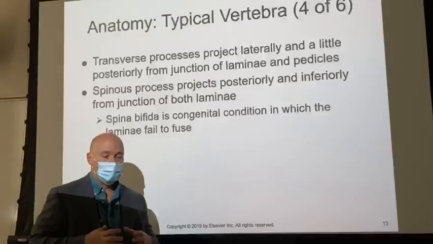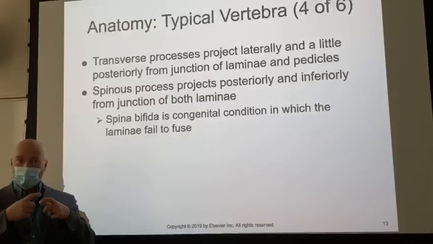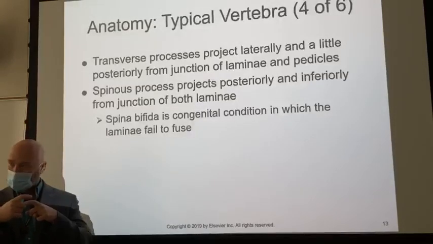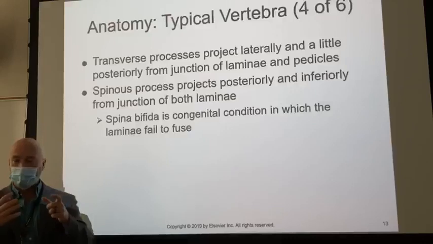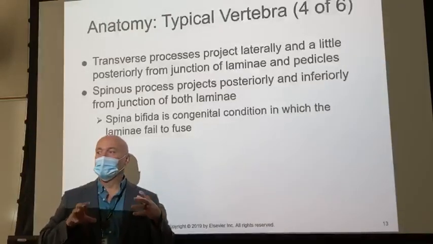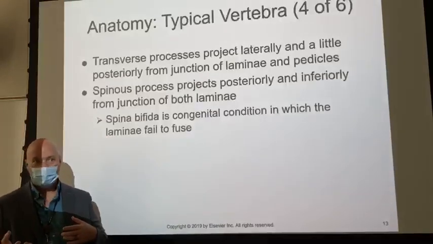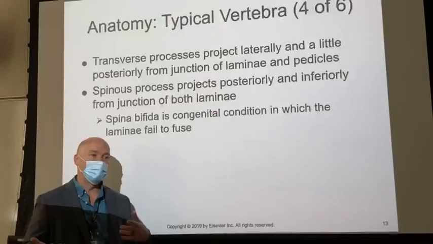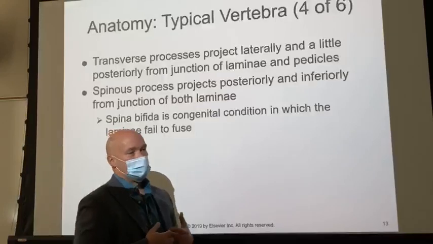Where it becomes a problem is if the separation between those two portions of the posterior arch is so great that a portion of the spinal cord and the thecal sac comes out. That's when you have a problem with spina bifida. So spina bifida occulta is no big deal.